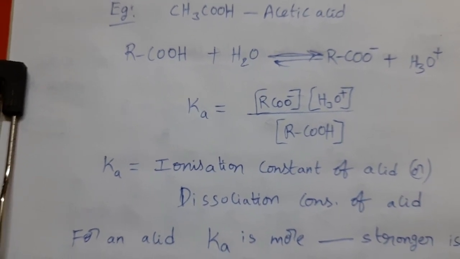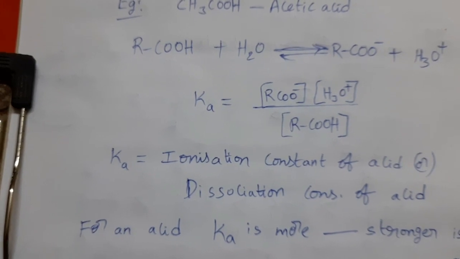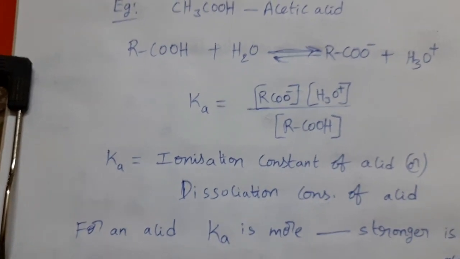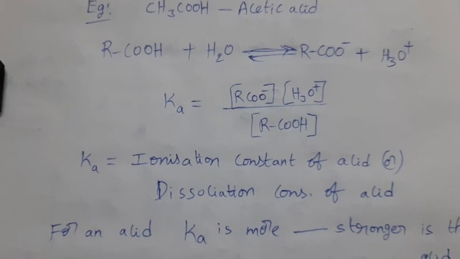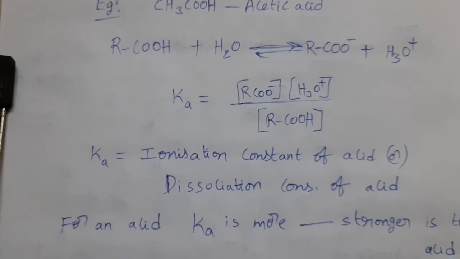That means the concentration of H plus ions is more, which gives a high value of Ka.